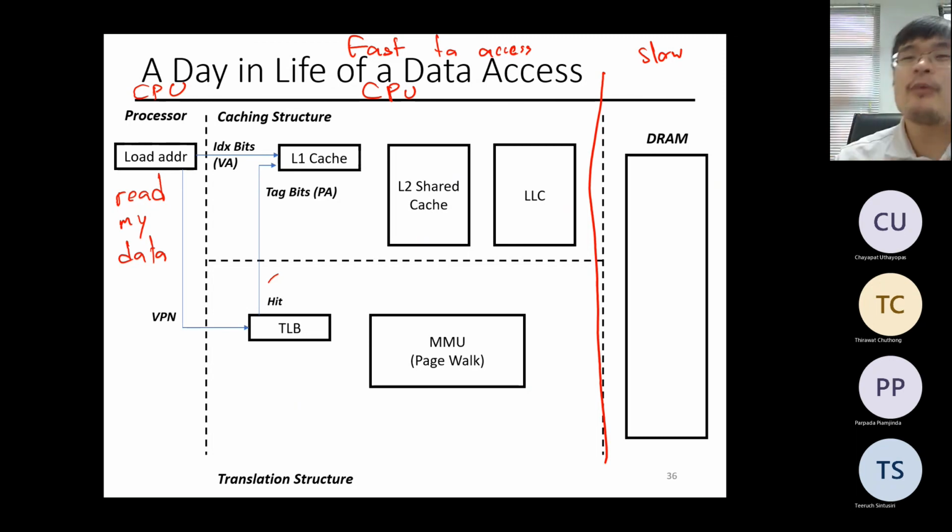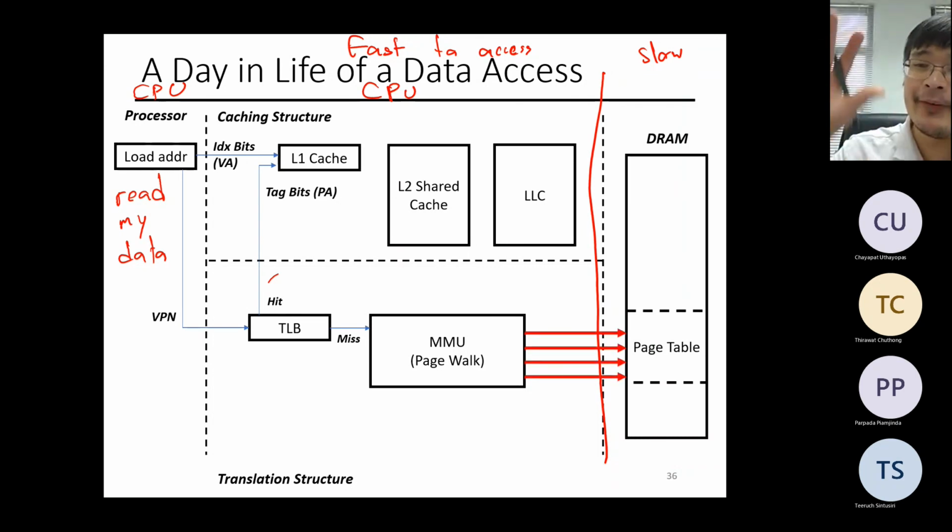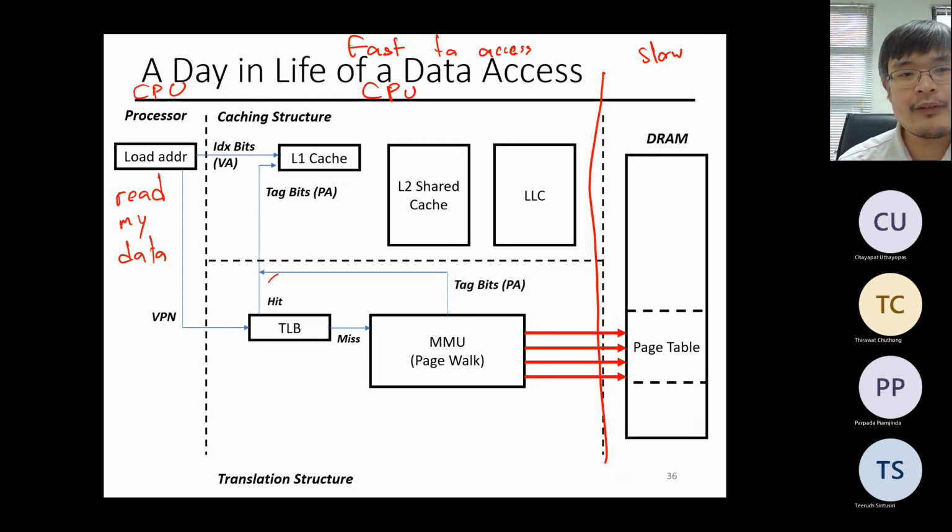Then I'll look at the L1 cache and see if my data is there or not. If I miss in the TLB, then I have to do the page walk by going to the page table 4 times for a 4-level page table in x86 CPUs, like the Intel and AMD chips that you have nowadays. So you now go to DRAM 4 times to get the physical address in order to get the tag bits, so you can access the L1 cache.